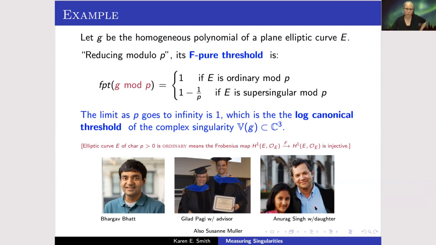I think a similar thing holds for what are called Calabi-Yau surfaces or varieties. Also, there's a student in Germany, a student of Manuel Blickle, named Suzanne Müller, who generalized this to quasi-homogeneous polynomials.